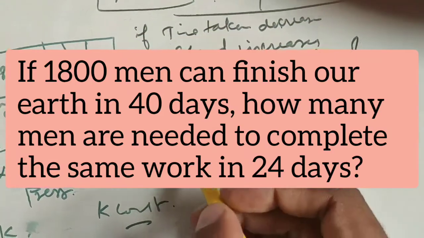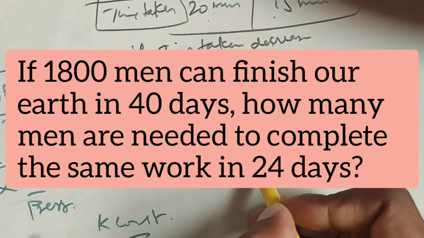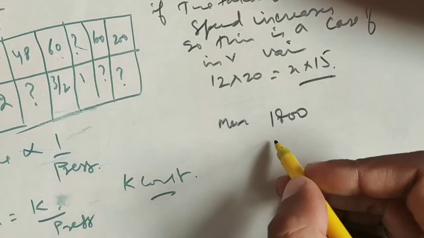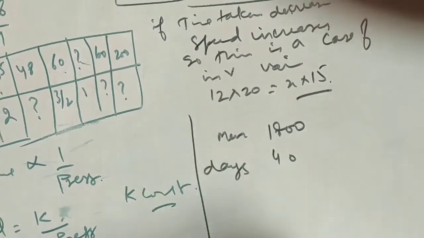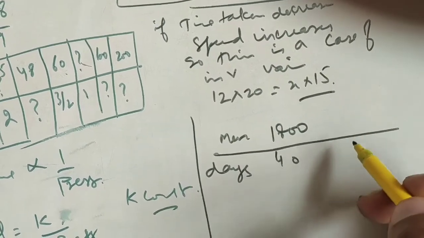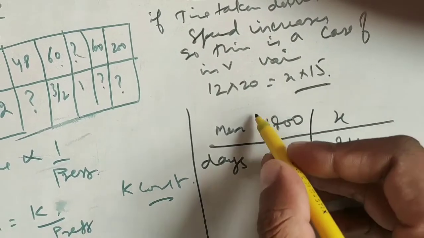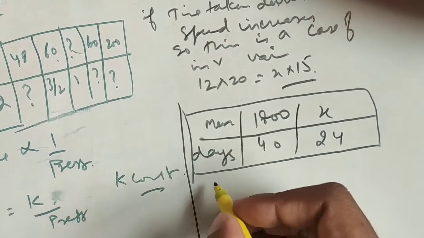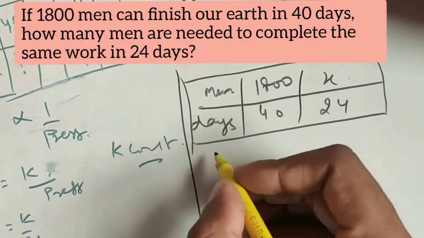Next is the same. There is a number of men who are employed. How many men? 1800 men are employed to construct a building in 40 days. The number of days they will take is 40 days. How many days will 24 men take to complete that building? So 1800 men can complete in 40 days. How many men will complete in 24 days?